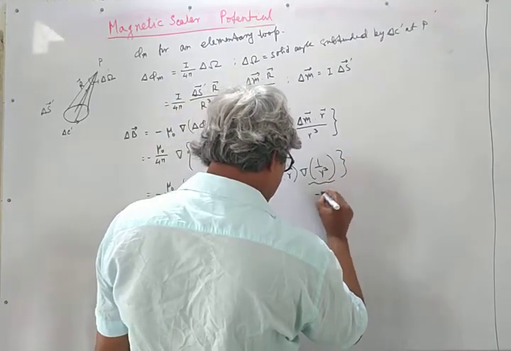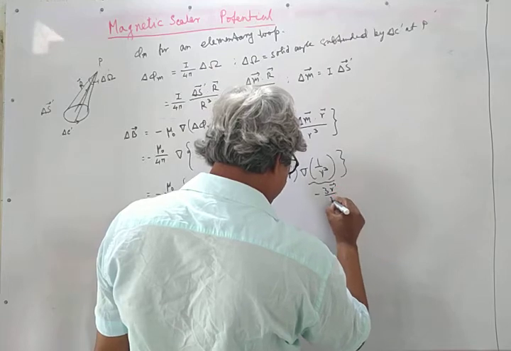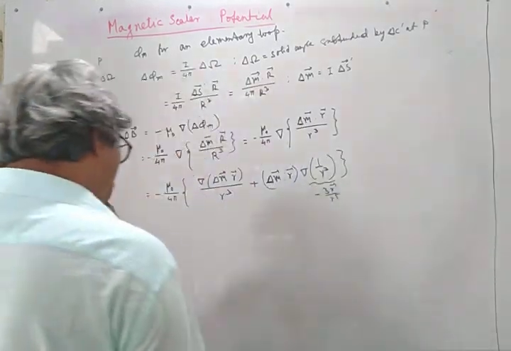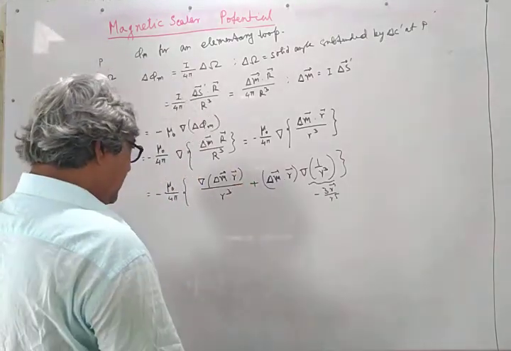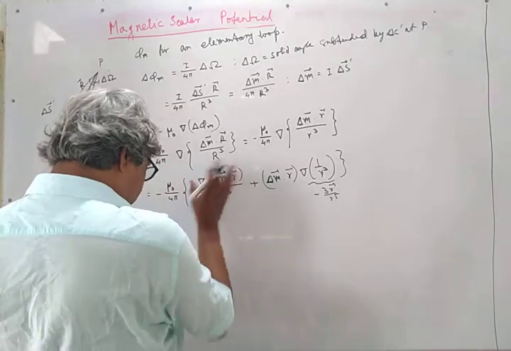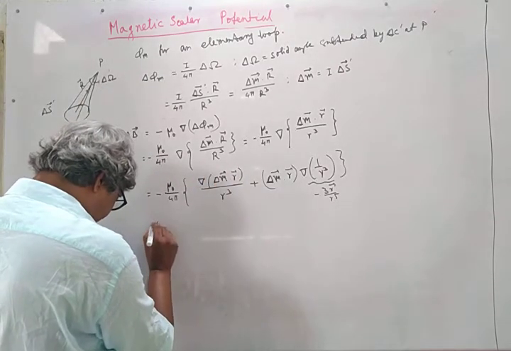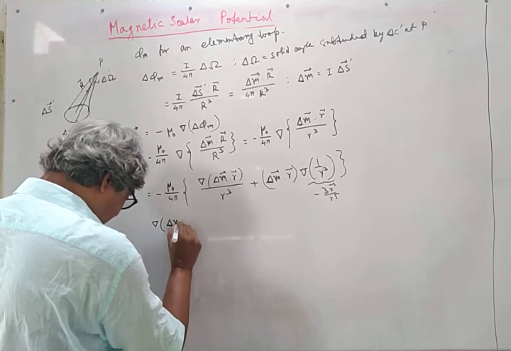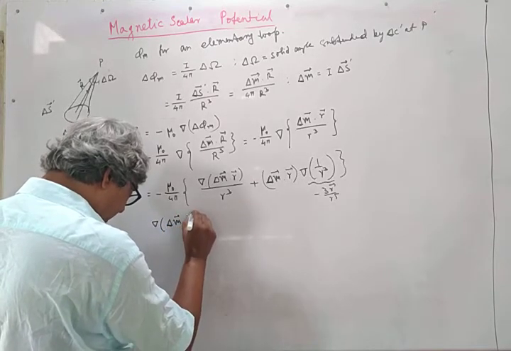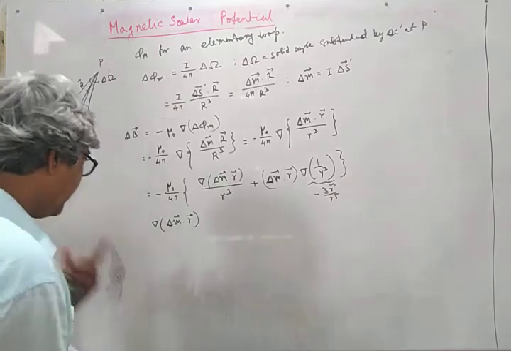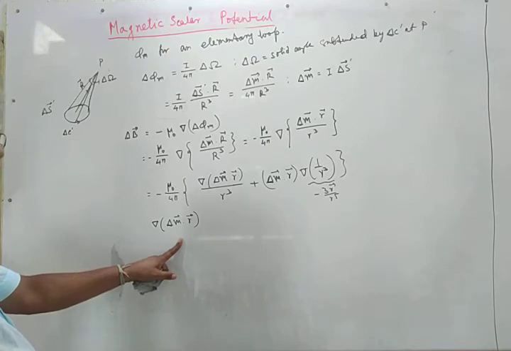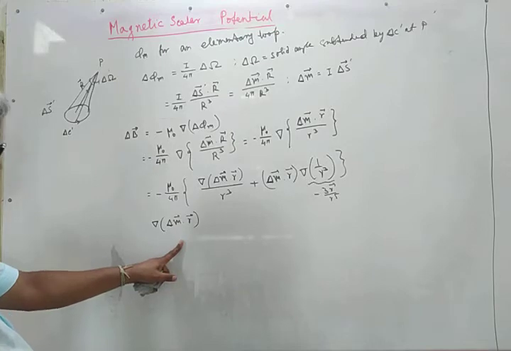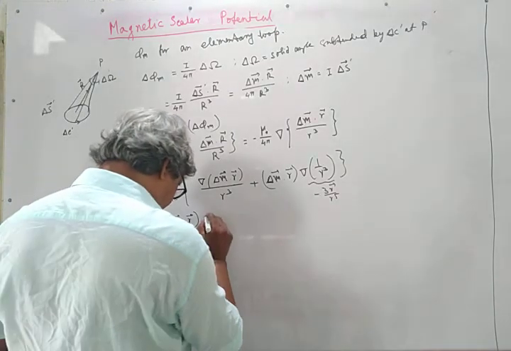This part we know is minus 3r by r to the power 5, and for this part, the gradient of delta m dot r can be looked upon from the consideration of the vector identity that we have explained in connection with the electrostatic dipole. Here we shall calculate it in another way.